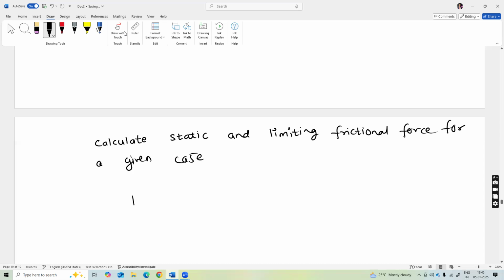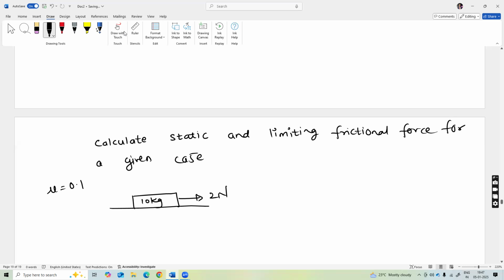Okay, so let's say you have one object of mass 10 kg. Coefficient of friction is given as 0.1 and 2 Newton force is applied on this object. So find out the static and limiting frictional force.